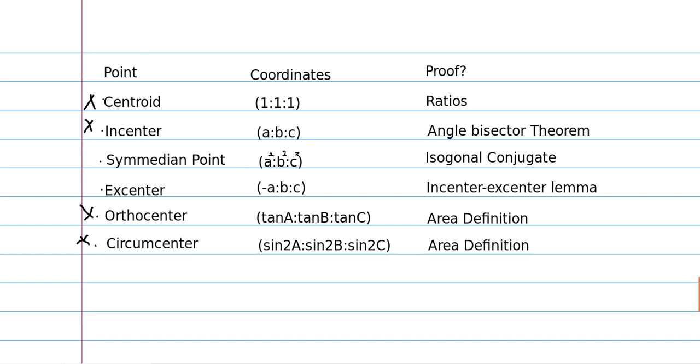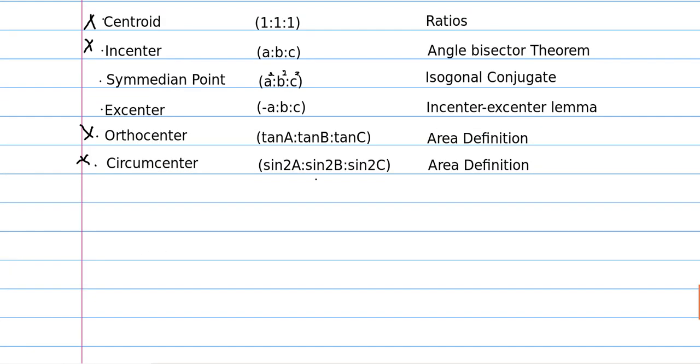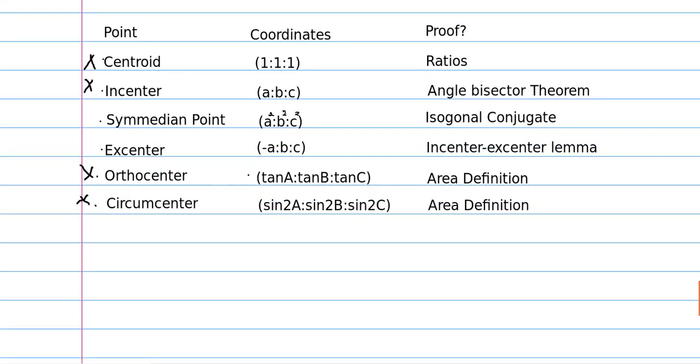So all of these have very messy forms, and we see that orthocenter and circumcenter are 2 of the most used points, especially the circumcenter. We use circles so much in geometry that we would like a nice form to represent the center of a circle containing our triangle. However, we see that these points contain trigonometry in them. The tangent of A, tangent of B, tangent of C, and sine of 2A. We have to use double angle formulas.